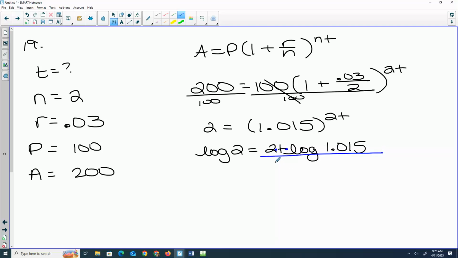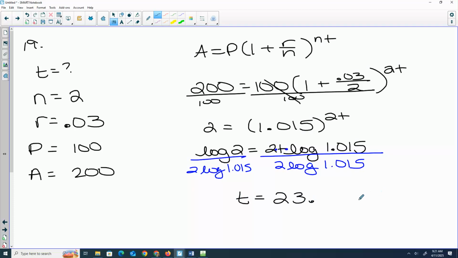So if I want to get t by itself, I can just divide by the 2 and the log 1.015. Okay, when you put that in, make sure you do parentheses around the entire denominator. You should get t to equal 23.27777, so 23 years.